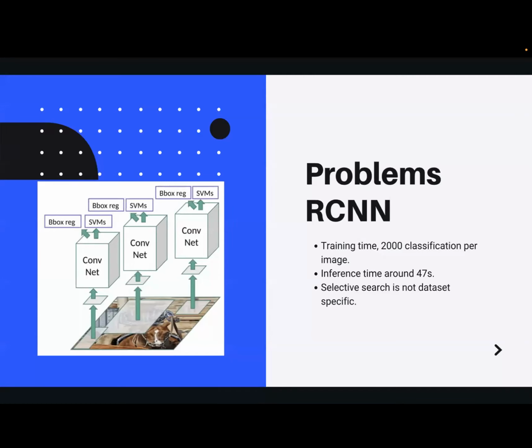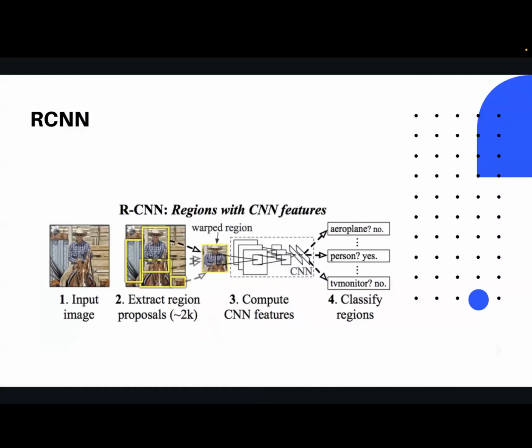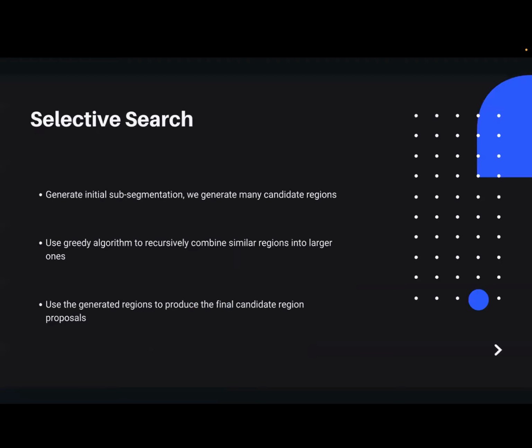The problem of RCNN was that it takes too much time. The problem comes from passing through the CNN 1,000 to 2,000 times, right?